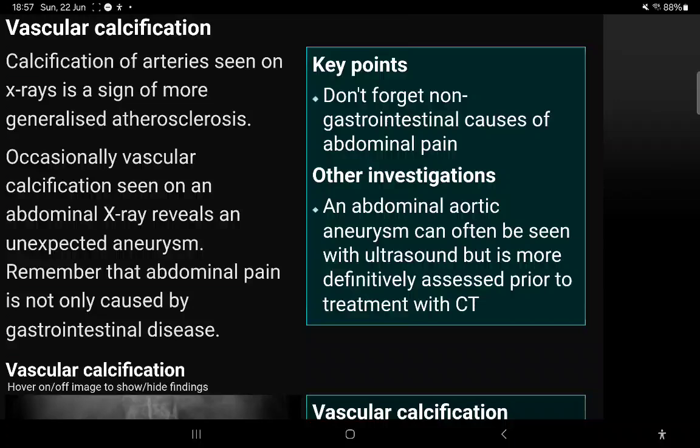Occasionally, vascular calcification seen on an abdominal X-ray reveals an unexpected aneurysm. Remember that abdominal pain is not only caused by GIT diseases. Sometimes it can be due to vascular abnormalities like a ruptured abdominal aortic aneurysm.